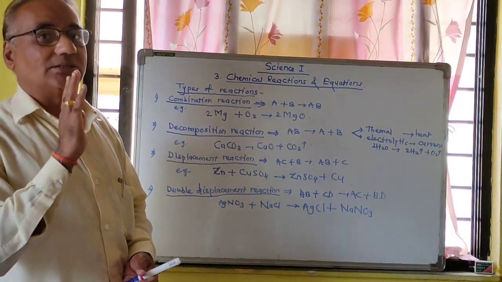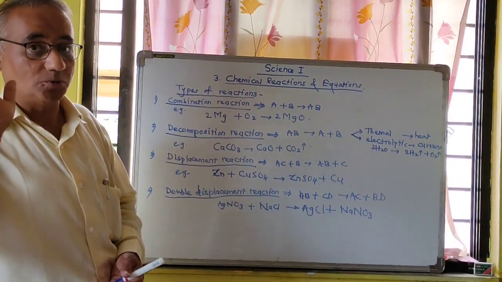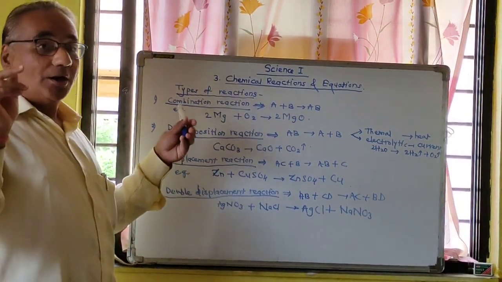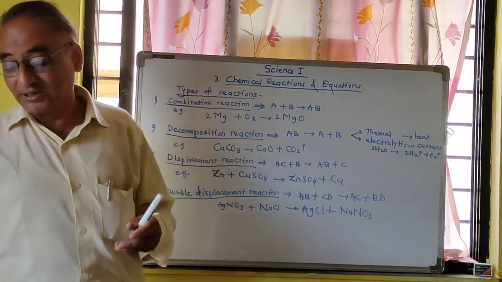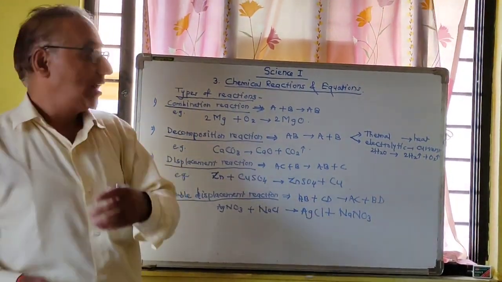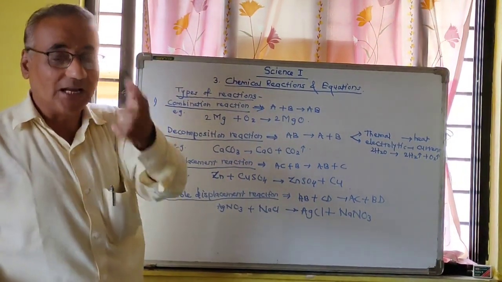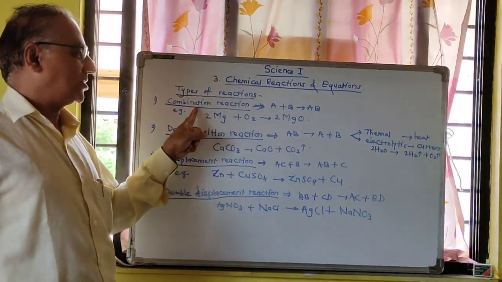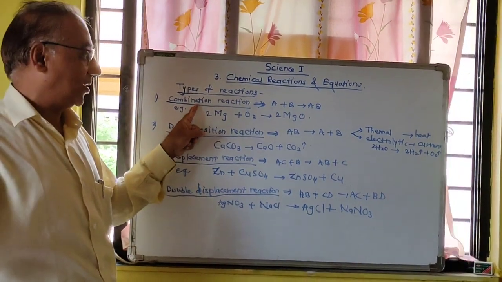At that time this concept is very useful for you. Combination reaction means that when two or more reactants combine together and there is a formation of a single product, that reaction is known as combination reaction.